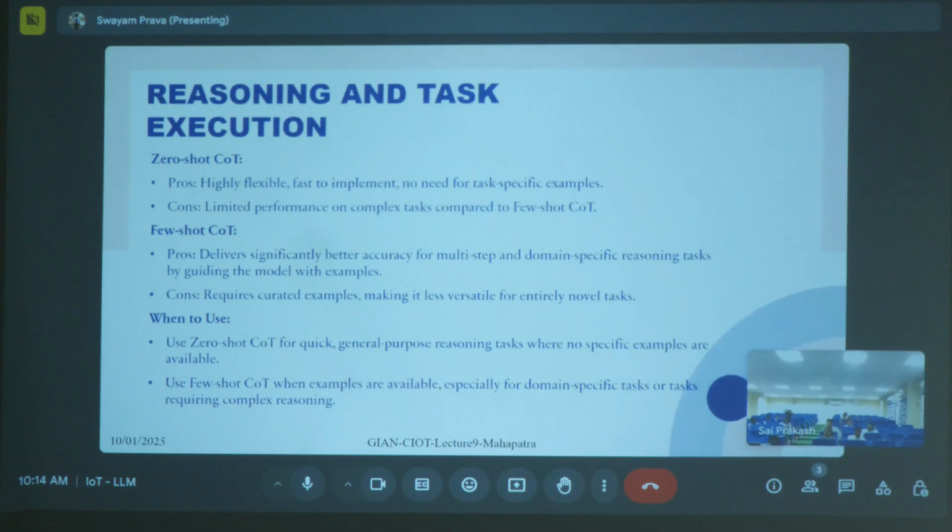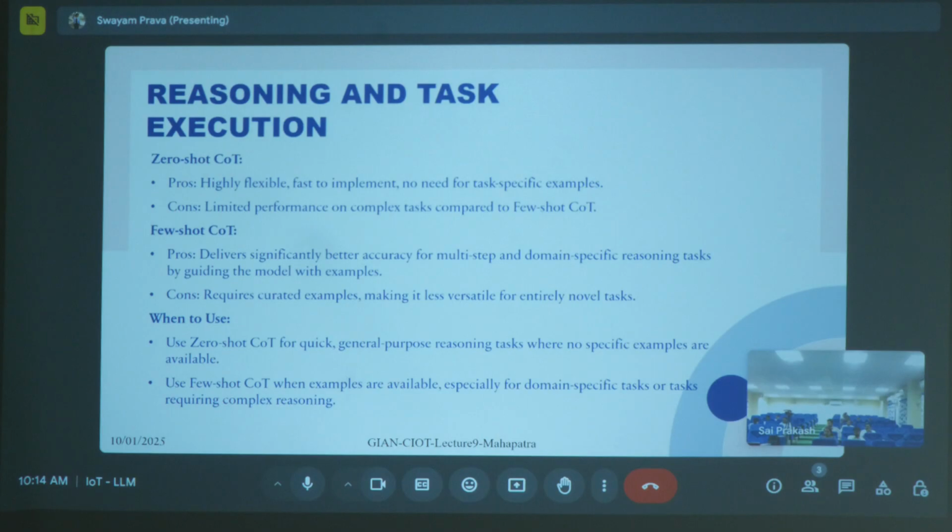So again, let's compare the zero-shot and few-shot chain of thought to understand their strengths and limitations. So the zero-shot chain of thought here is highly flexible and fast to implement. It does not require task-specific examples, making it ideal for general-purpose tasks. However, its performance can be limited on complex tasks.